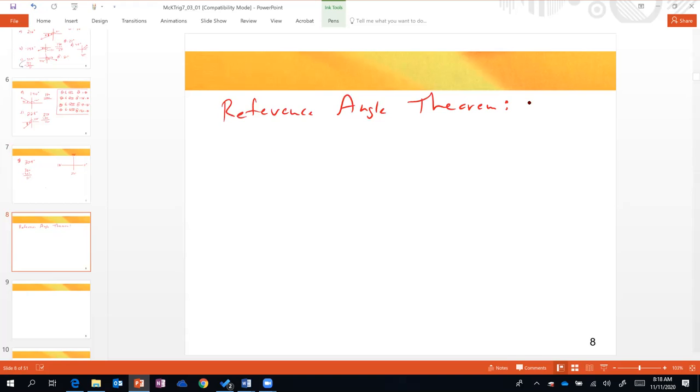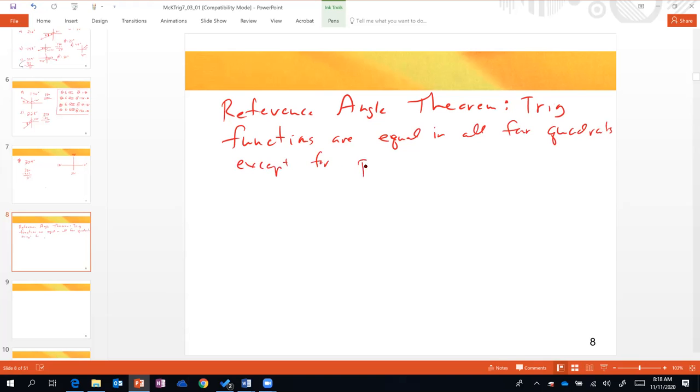Dun, dun, dun. So trig functions are equal in all 4 quadrants except for possibly a sign change.